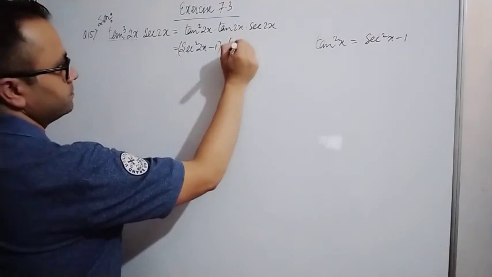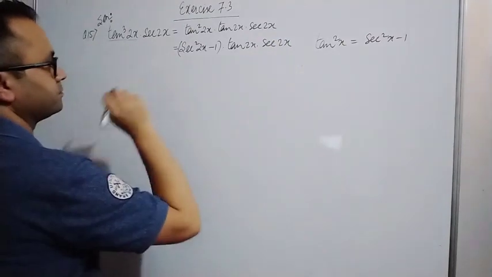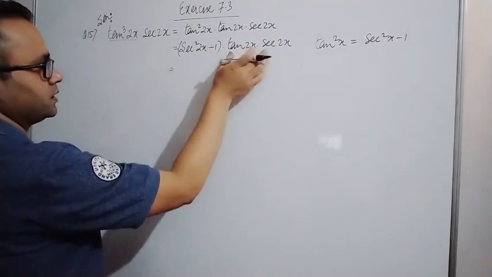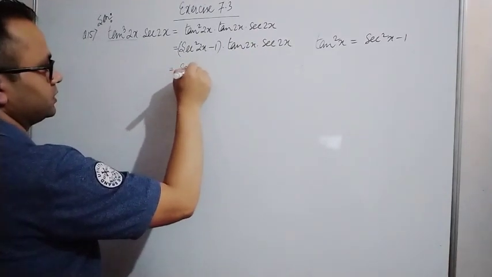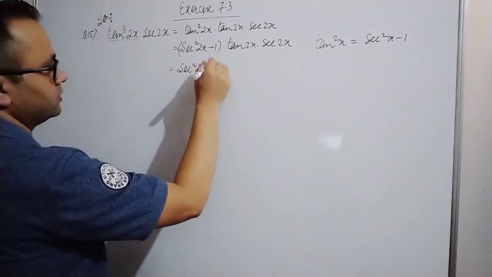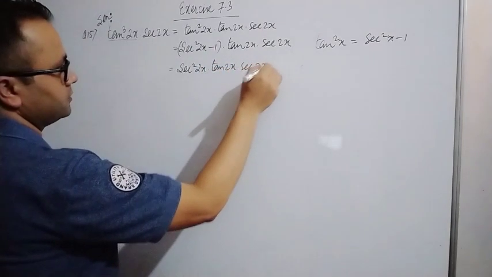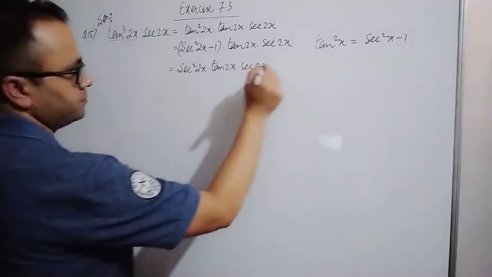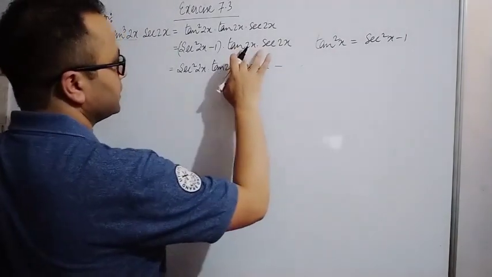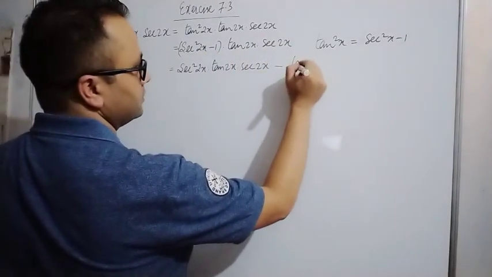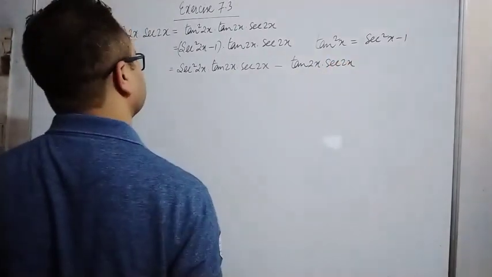into tan 2x into sec 2x. Now multiply: sec square 2x into tan 2x into sec 2x, minus this into this, tan 2x into sec 2x.